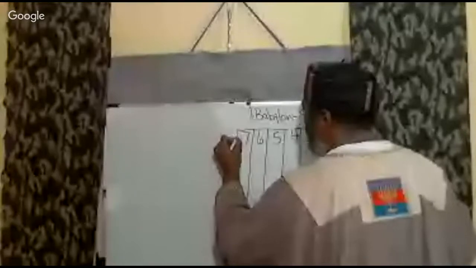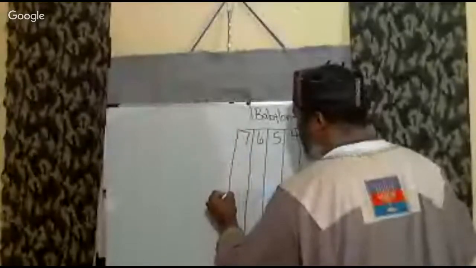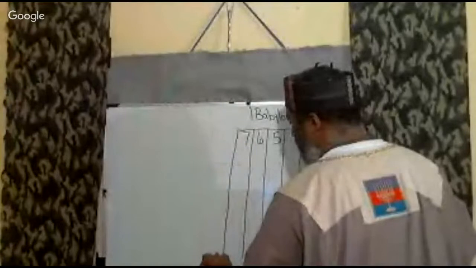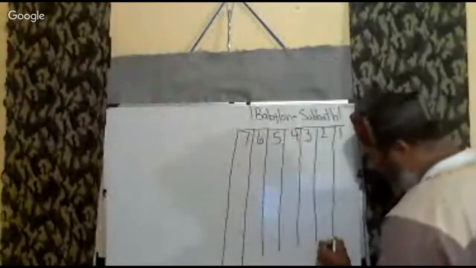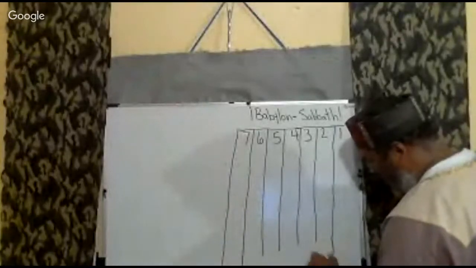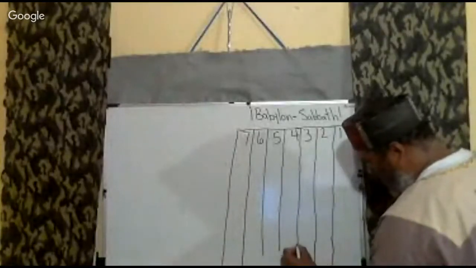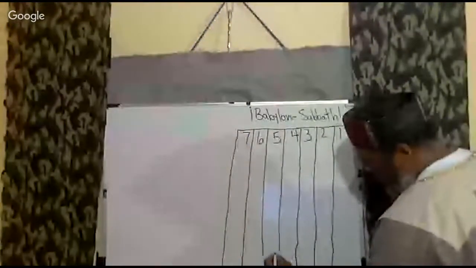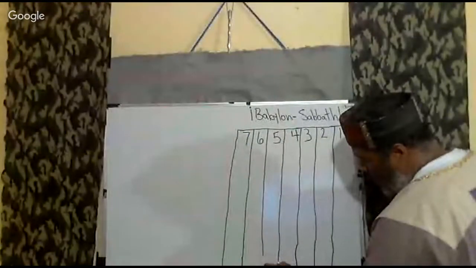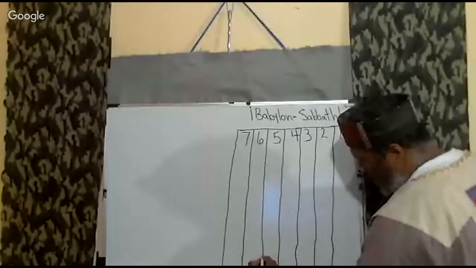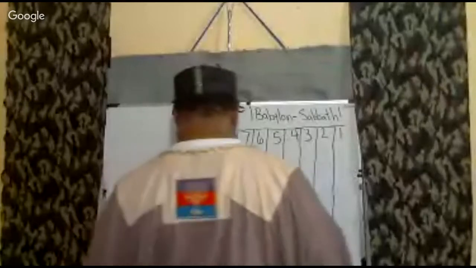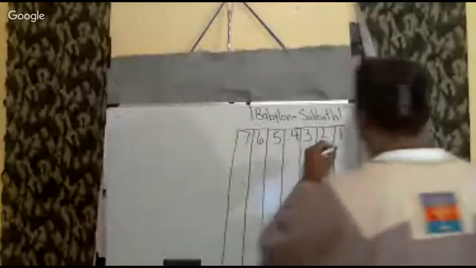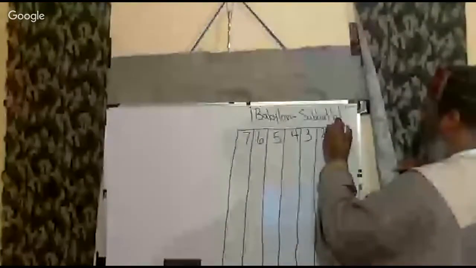Both of them? Okay. 7. Okay. Should have went all the way down the first time. Okay, so these right here.